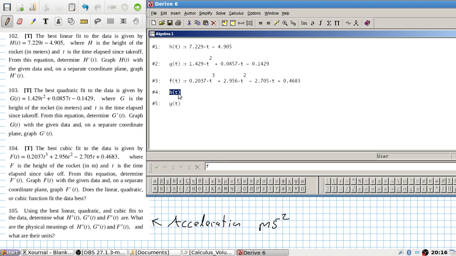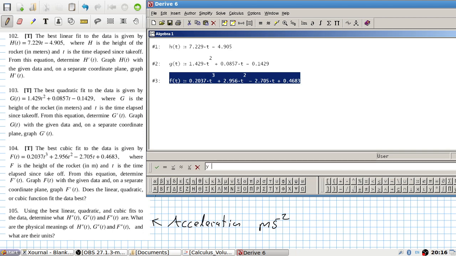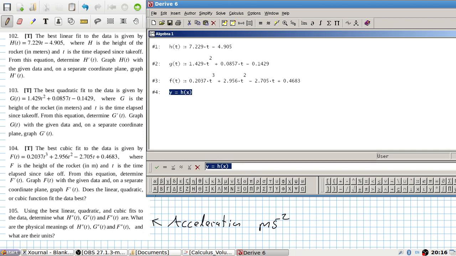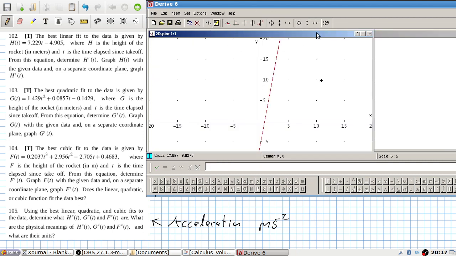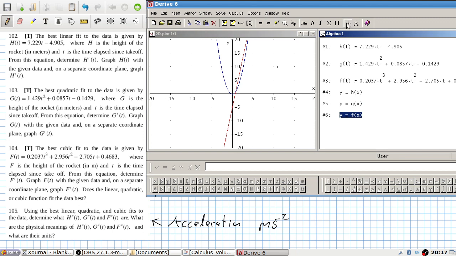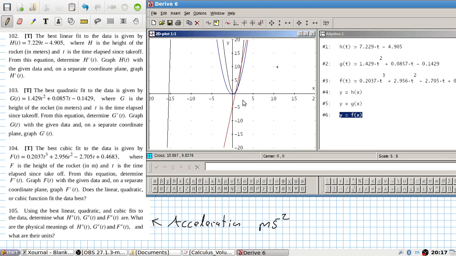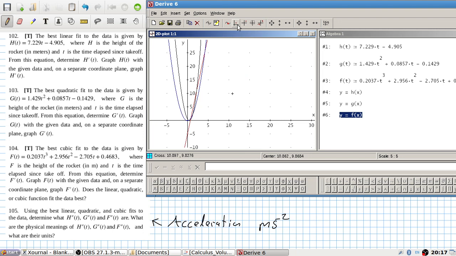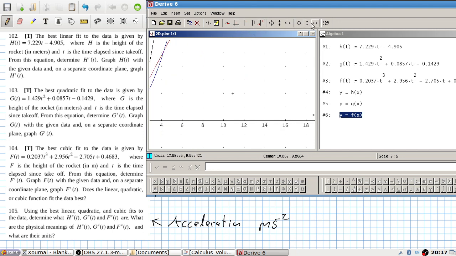Actually, maybe I should, so not to confuse the program, I'll just say y equals h(x), y equals g(x), y equals f(x). Okay. Plot.